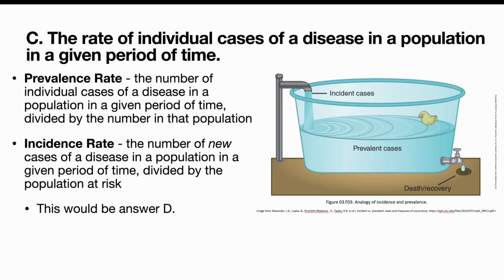Well, the answer is C. It is the rate of individual cases of a disease in a population in a given period of time. So the prevalence rate of water in the bathtub is the water that is in the bathtub when I take this snapshot of time. Okay? Remember that incidence rate is the number of new cases of a disease. Okay?